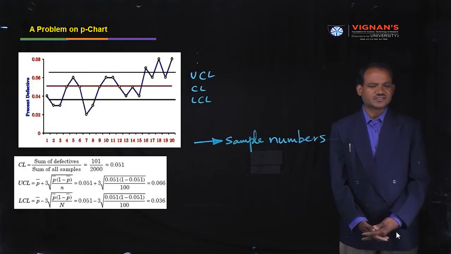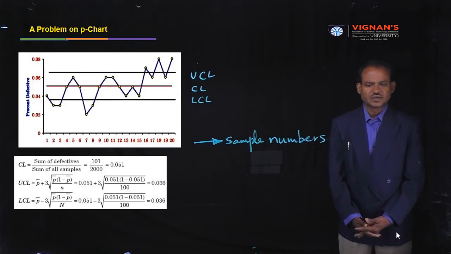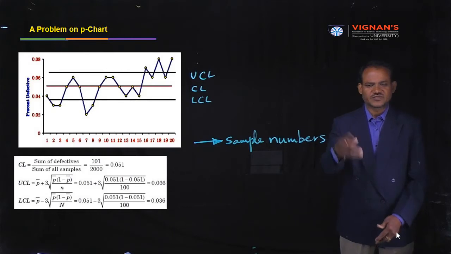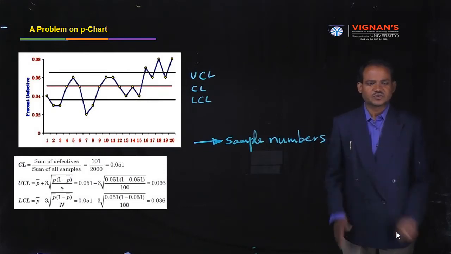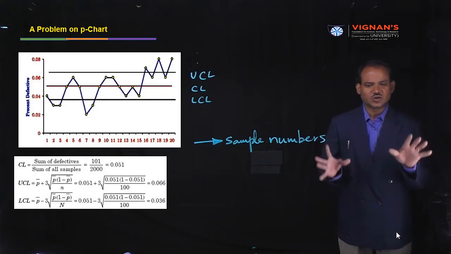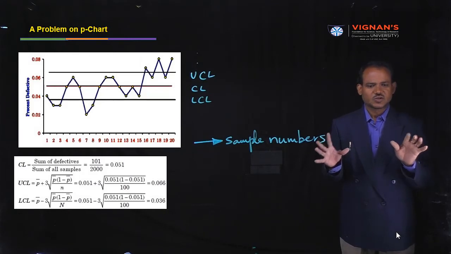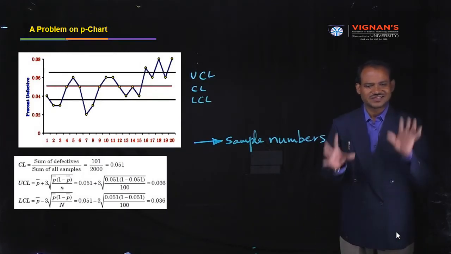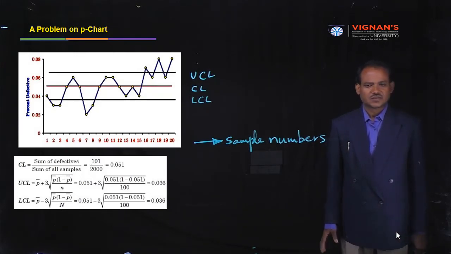On y-axis, we have to take percent defective. Those defectives vary between the range 0 to 0.08. That's why consider suitable scale on y-axis.